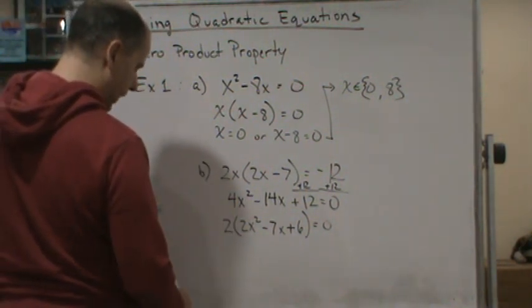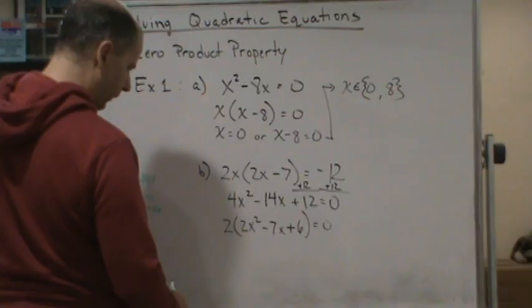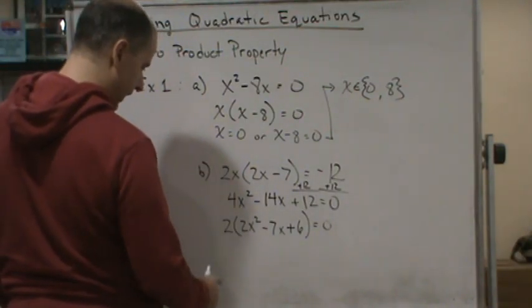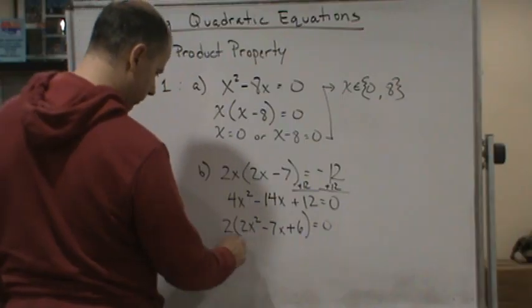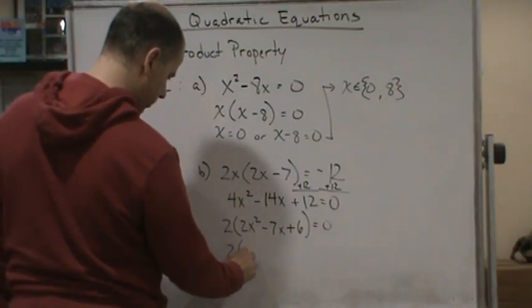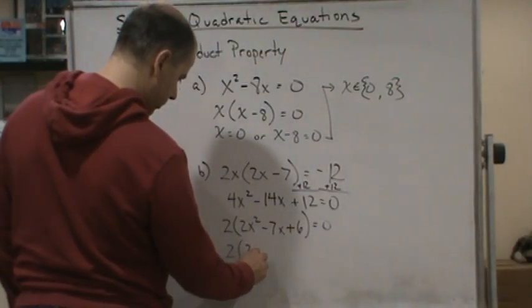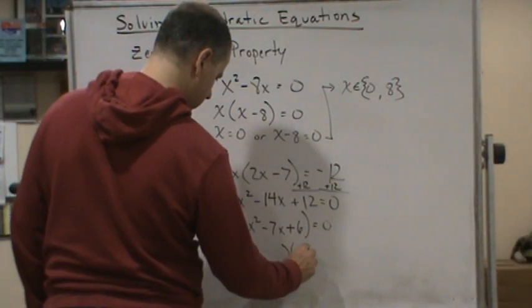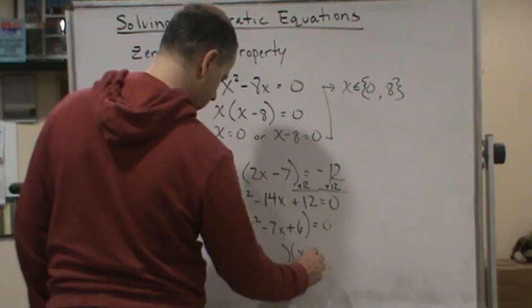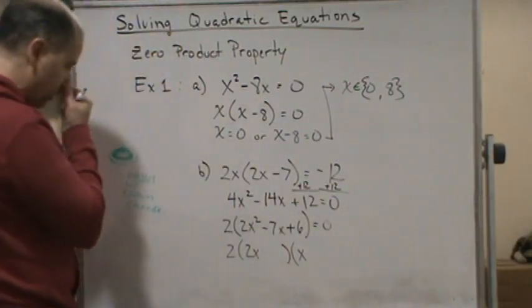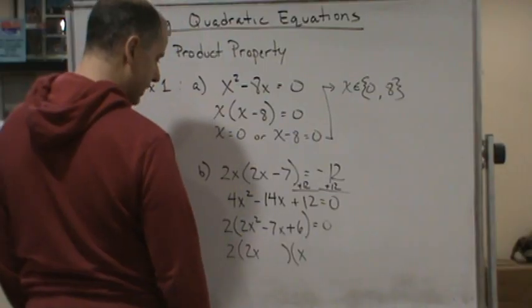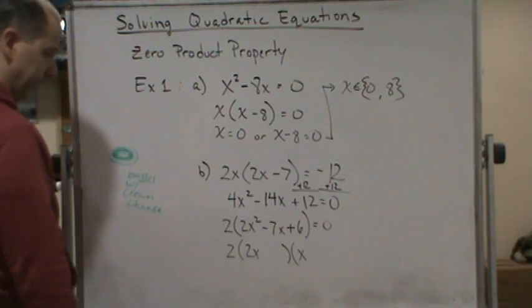Right? And so here, let's see, I got 2x and x. And the factors of 6 are 1 and 6, 2 and 3.